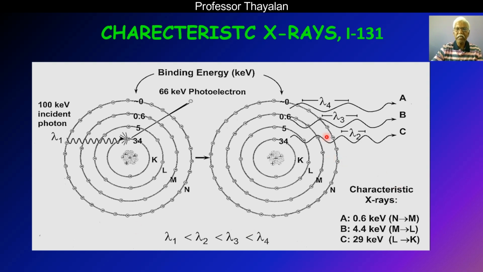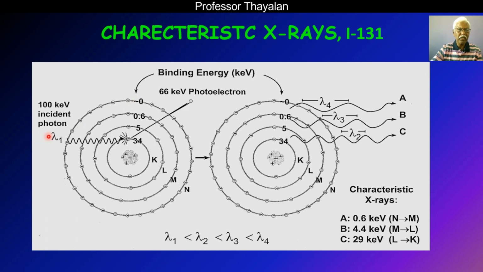In this figure, let us see the iodine 131 atom and how the characteristic X-rays are produced. Let us consider the shells K, L, M like that. The K shell binding energy is 34, L shell binding energy is 5 kilo electron volt, M shell is 0.6, N shell is 0 like that.